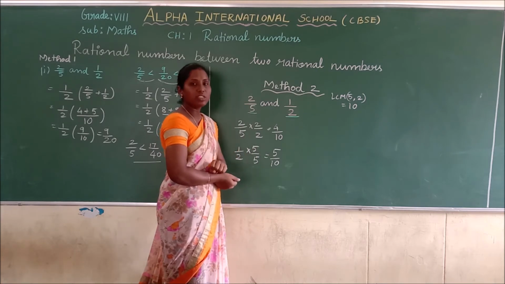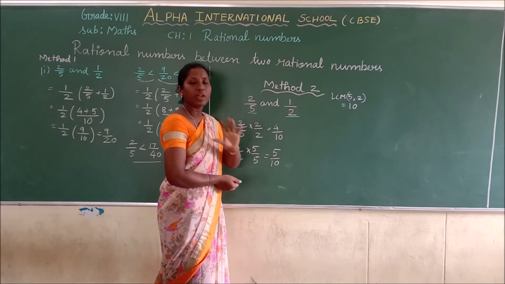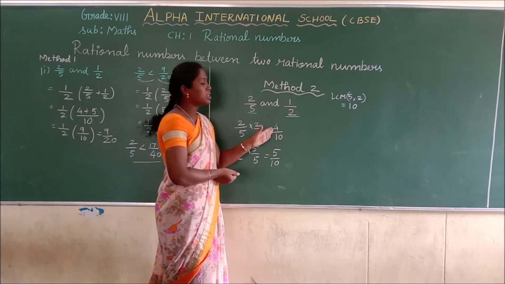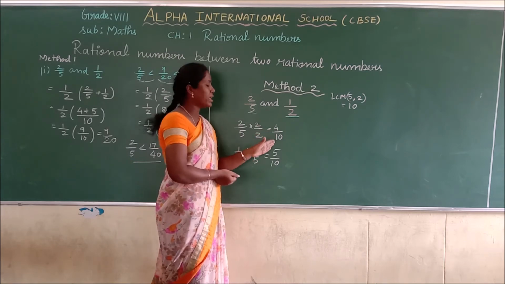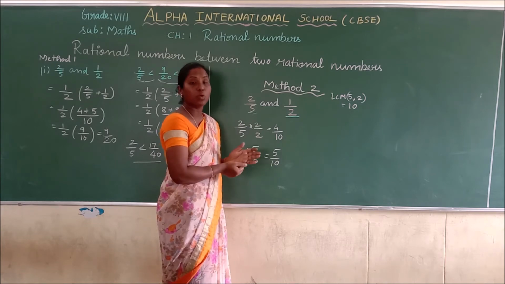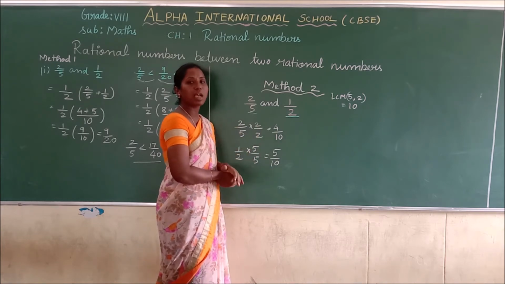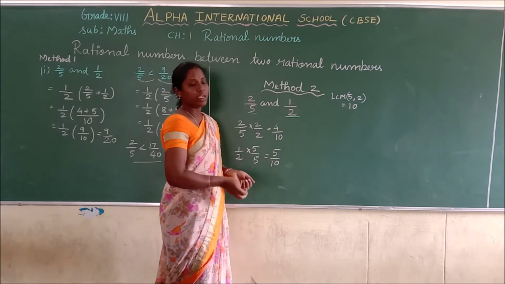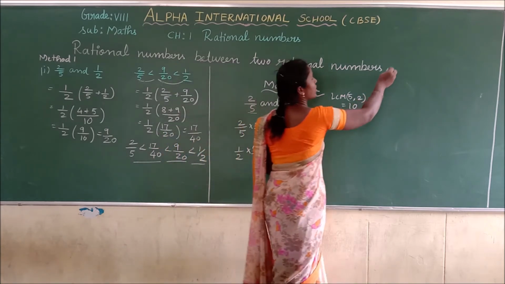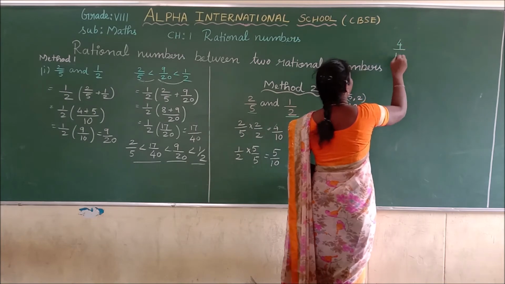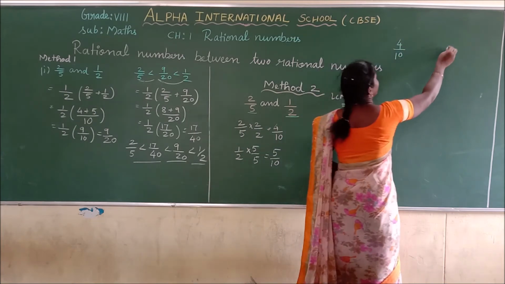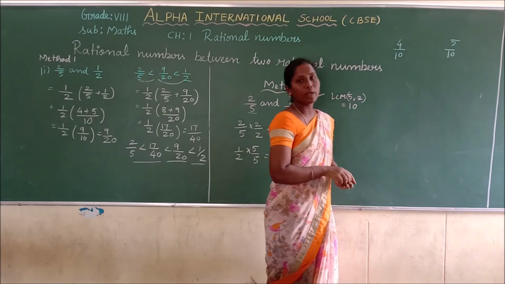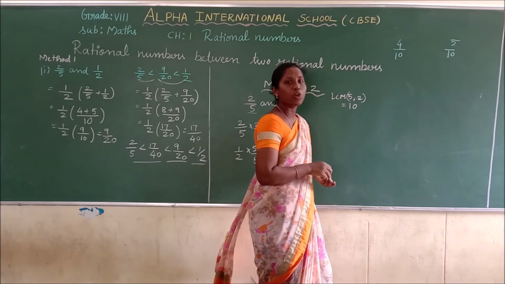But our question is to find any 5 rational numbers between these two numbers. So don't think that there are no rational numbers between 4 by 10 and 5 by 10. Many rational numbers are between them. How to identify them? We multiply and divide both fractions by any common number.